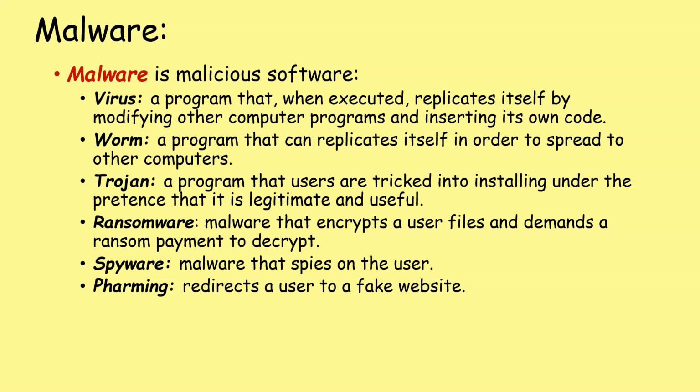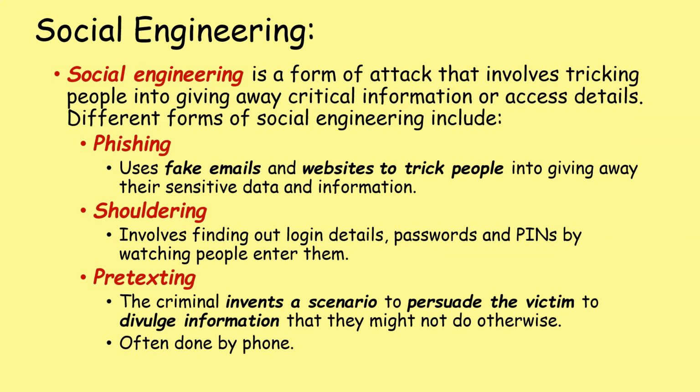Ransomware, malware that encrypts a user's files and demands a ransom payment to decrypt. Spyware, malware that spies on the user. Pharming, redirects a user to a fake website. Social engineering is a form of attack that involves tricking people into giving away critical information or access details.